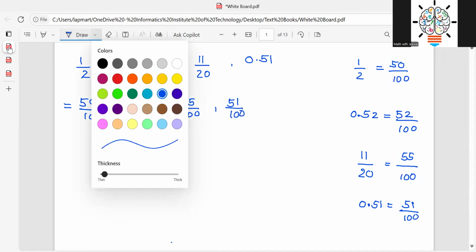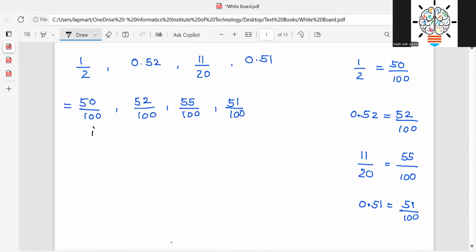Then I take another color pen and I mark. This is the first one, this is the second one, and the third one, and the fourth one. What I do, I write the answer. I can't put the equal sign, right? So I write, this is ascending order. What is the ascending order?